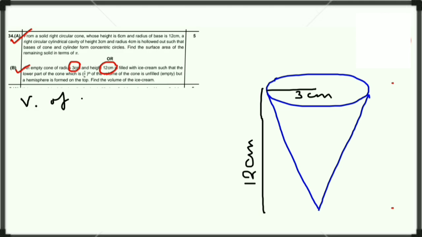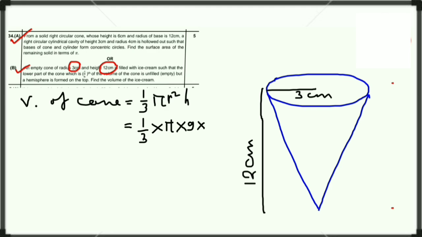Volume of cone, and we have the formula for finding the volume of a cone, that is 1 by 3 pi r square h. Now 1 by 3 into pi into r, we have 3 centimeters, so the square of 3 will be 9, into h, we have 12.